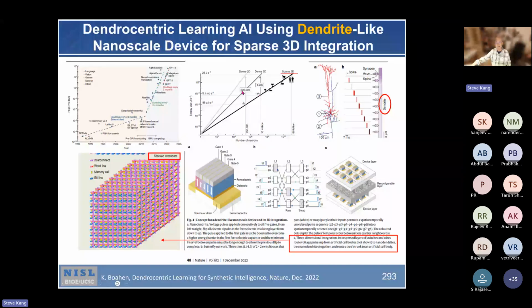But if you use dendrites, that's the hope that maybe you can achieve that. So that's why there is a 3-dimensional integration, an interspersed layer of switches and wires. That's the structure: a stacked, 3-dimensional crossbar to mimic dendrite operations instead of a synapse, for instance.